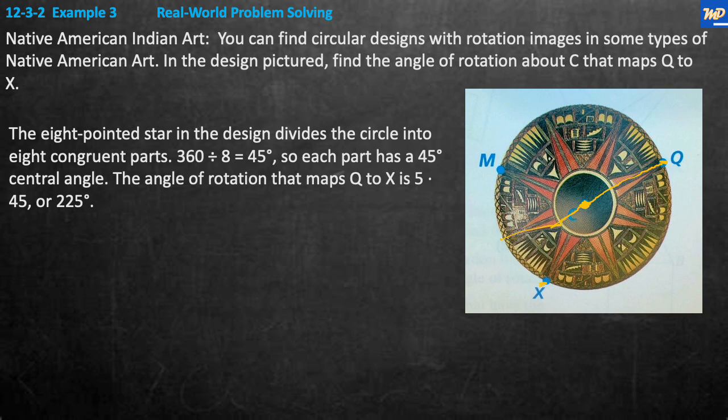Hopefully, you'll see the diameter. Then you can see that one more angle farther gives us X. So 1, 2, 3, 4, 5. So that's a 225-degree mapping of Q to X.